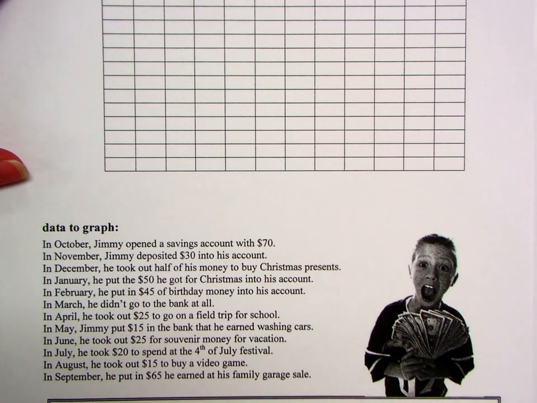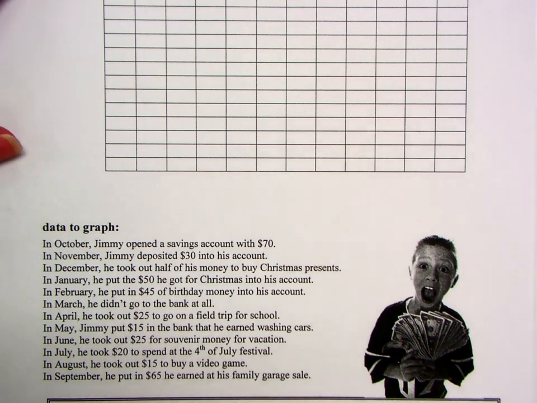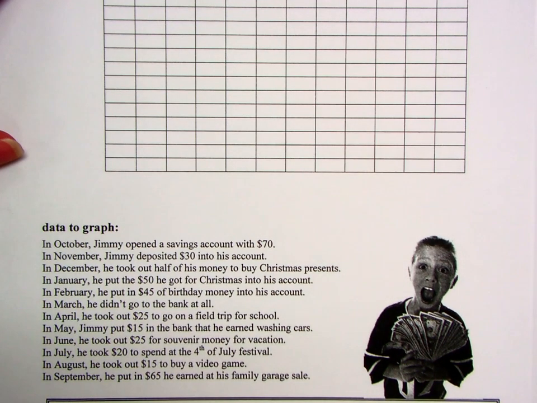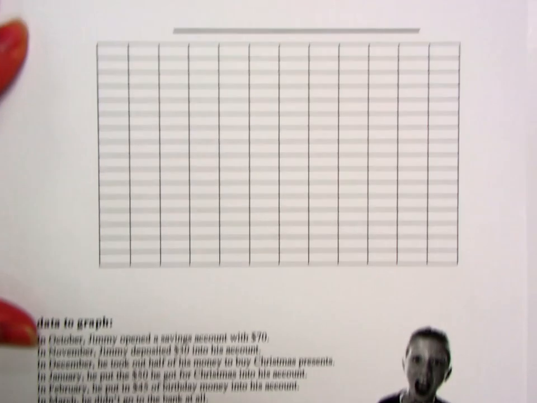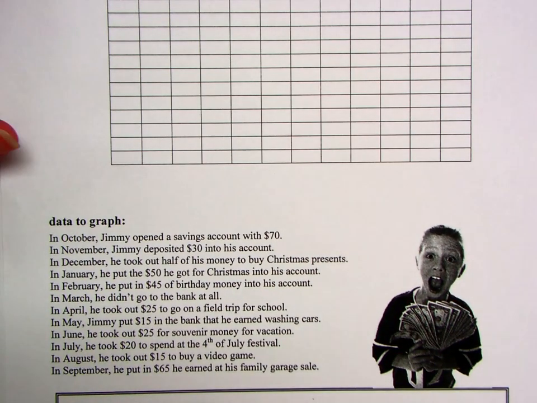We also wouldn't want to write too long of a title by writing the amount of money that Jimmy deposited and withdrew from his bank account from October to September, because that's so long it wouldn't even fit on the line. So we want to come up with something in between that's a few words, but is fairly descriptive.